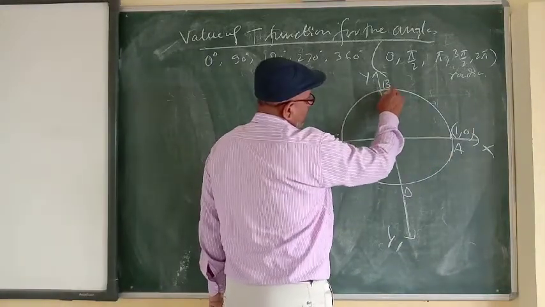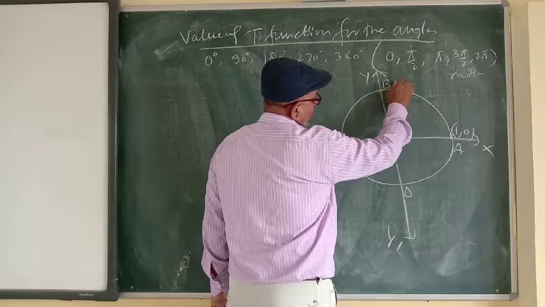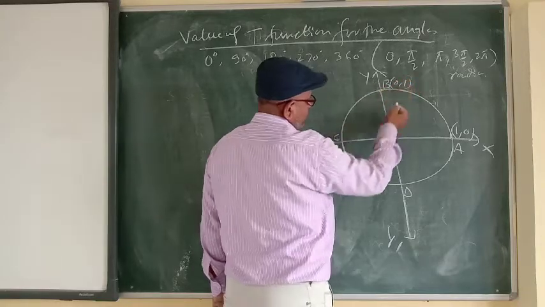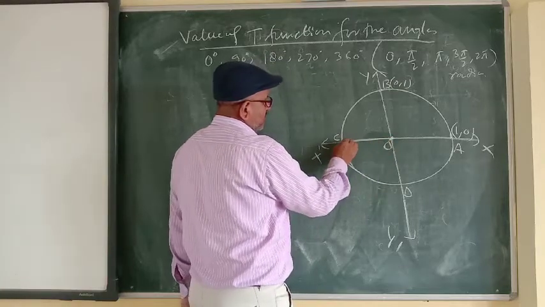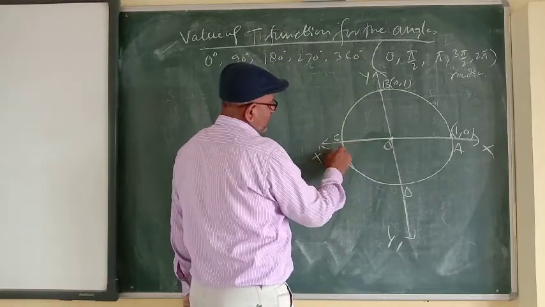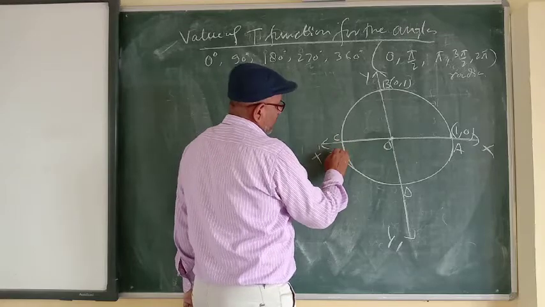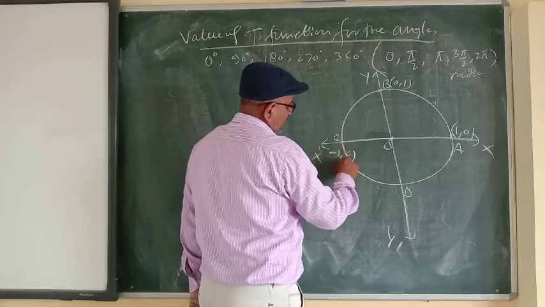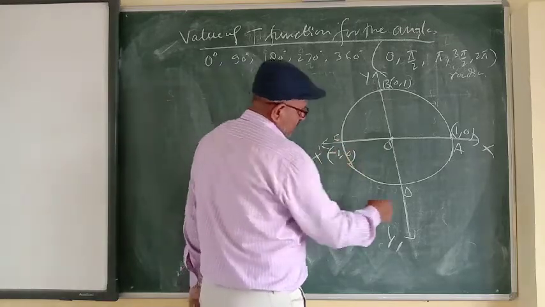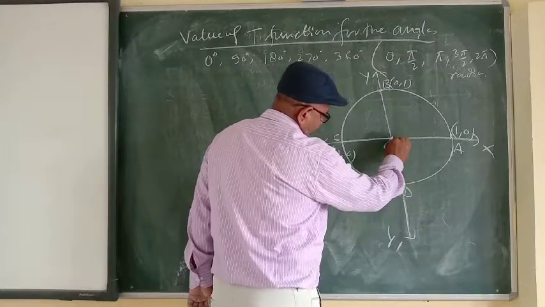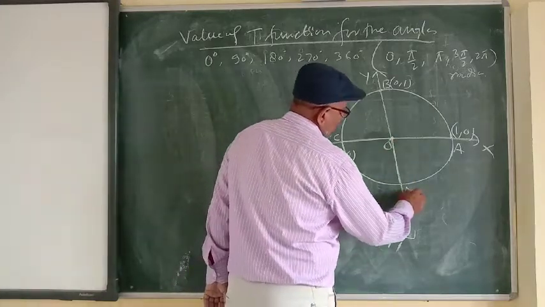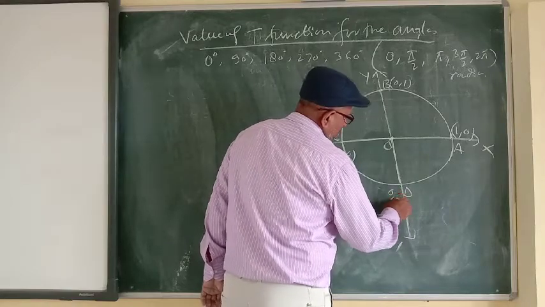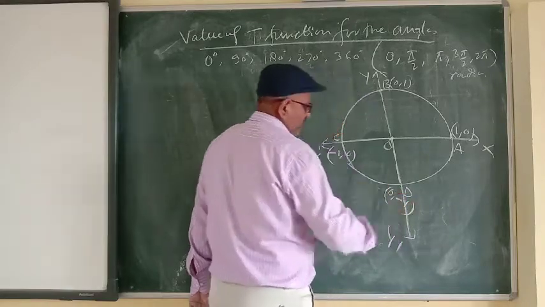Coordinate of point B will be 0, 1. Coordinate of point C, this distance is 1 but in the negative direction of x-axis, so we can write minus 1, 0. Point D lies on the negative direction of y-axis, so it will be 0, minus 1.